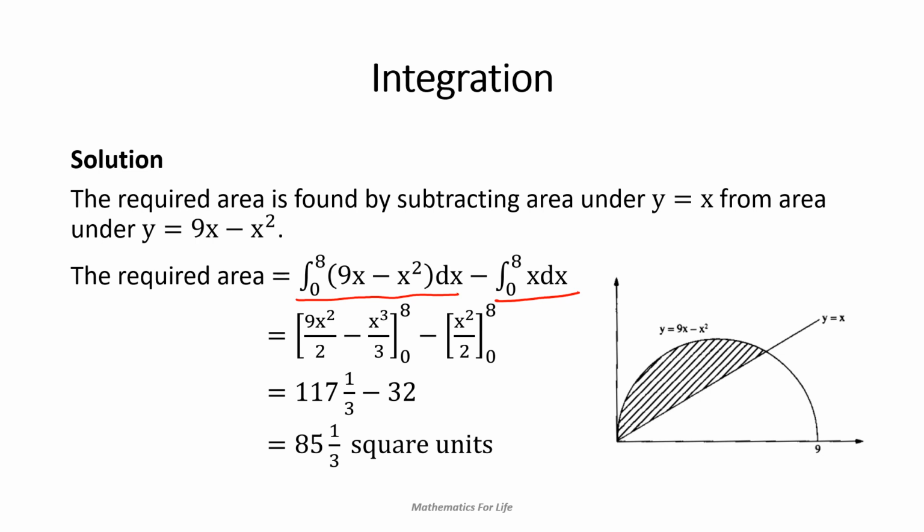The integral of 9x minus x squared dx gives us 117 and a third, and that of x dx from 0 to 8 gives us 32, and therefore the difference between the two gives us 85 and a third square units, which is the area bounded by the curve y equals 9x minus x squared and the line y equals x.